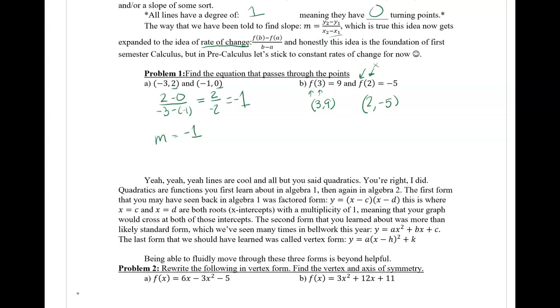Alright, now I just do the same thing I just did, change in y over change in x. So I'd get 9 minus -5 over, I started with 9, so I need to start with 3 this time, minus 2. All in all, I should get 9 plus 5 over 1. That should be 14 over 1, otherwise known as just 14.